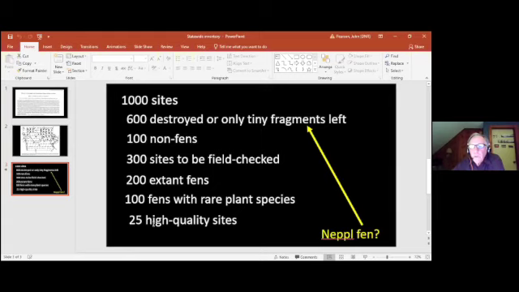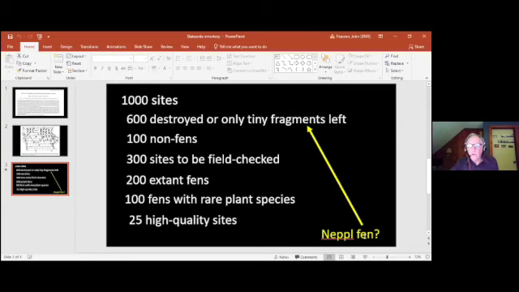If you start applying quality considerations, depending on how strict or liberal your definition of quality is, there's about 25 really high quality sites. If your threshold is a little bit lower, you might say 50. If your threshold is very high, you might say about 10.